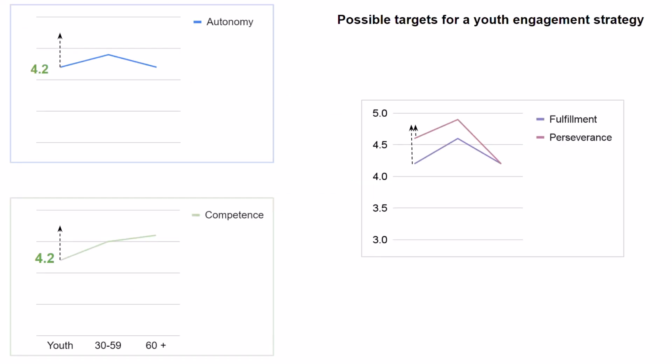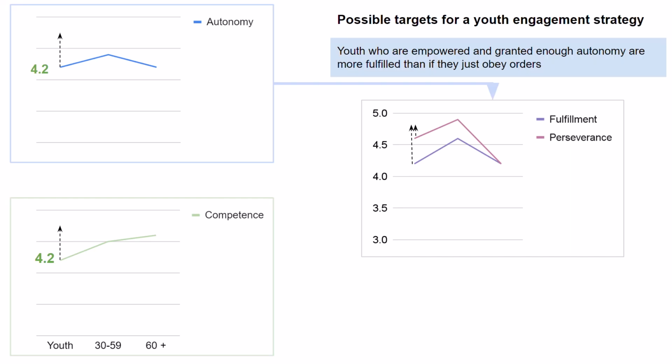So I can say, well, there's no reason why the youth should not have the same level of autonomy and competence as the older volunteers. There's absolutely no reason for that. And I know from self-determination theory that if the youth are more empowered, if they benefit from more autonomy, they will feel more fulfilled, and therefore they will want to stay and persevere.